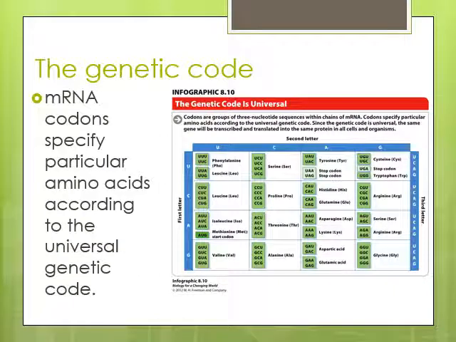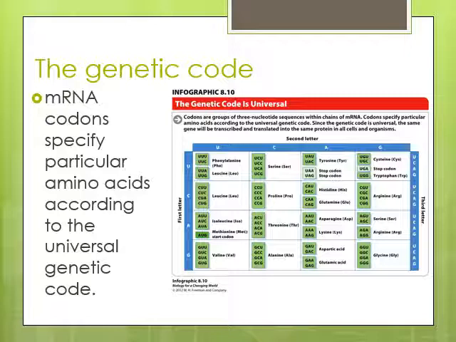So remember, when we're translating our mRNA, these mRNA codons specify particular amino acids according to a universal genetic code. In every case there's usually at least 2 different codes you can use, and some have as many as 4 codes for one amino acid.